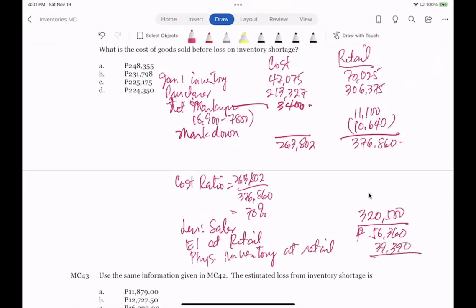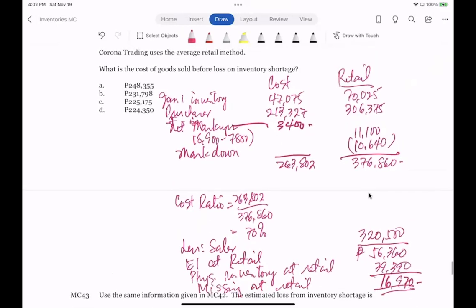Therefore, missing at retail is 16,970. Let us answer.